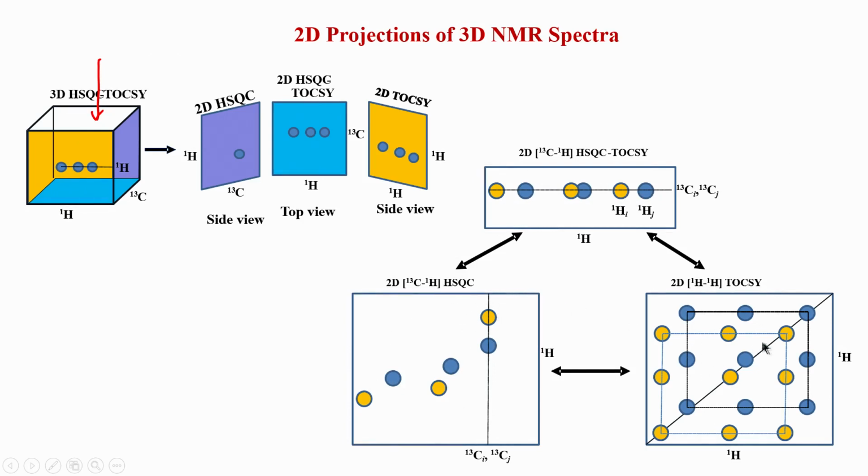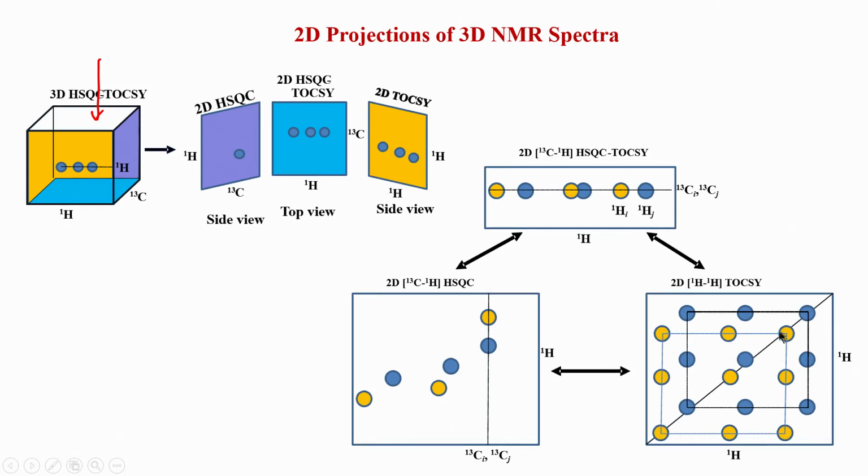But in a TOCSY, they now form a different family of connections, and this is what we saw in the last part of the 2D NMR section, where we looked at 2D HSQC TOCSY. You can see in the 2D TOCSY they form connections with each other. We know all the atoms that are coupled to each other are connected.